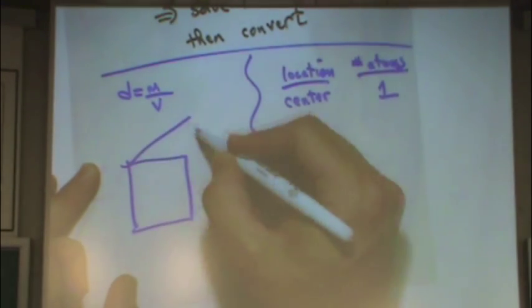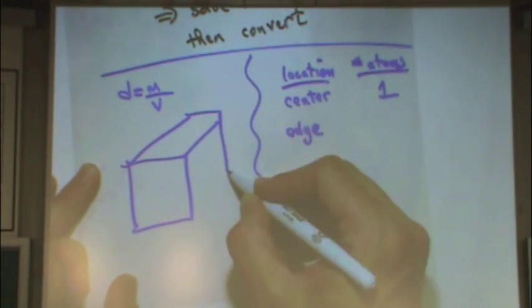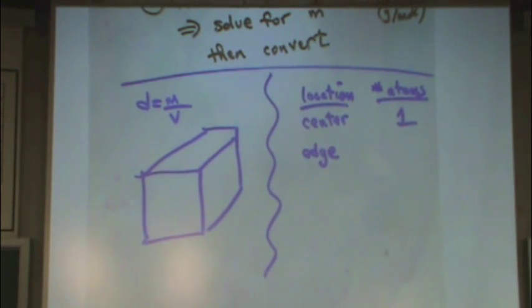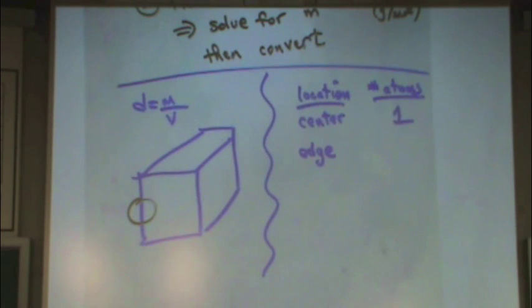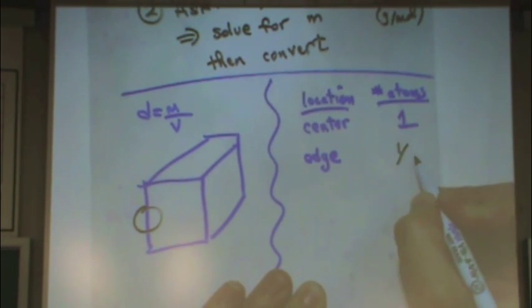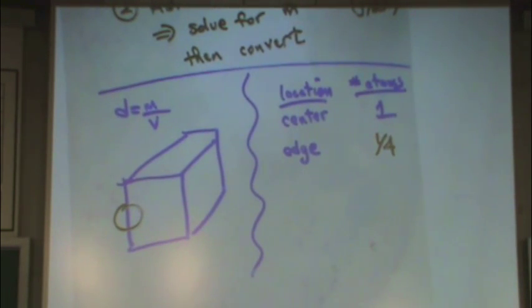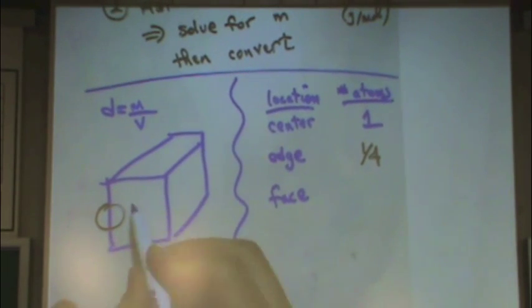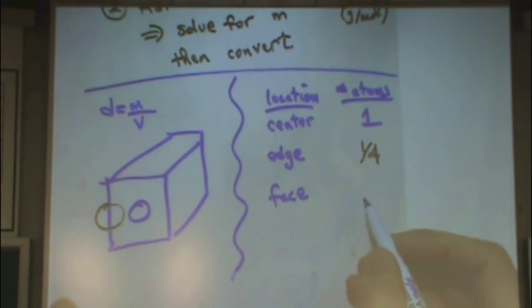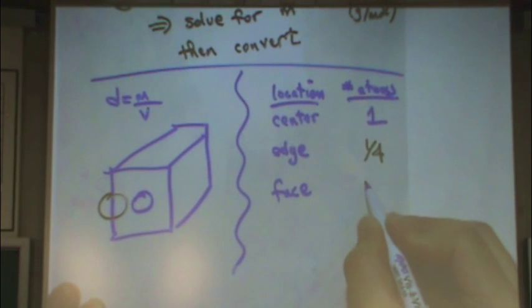On the edge, just in case you don't know what an edge is, you find something right there. How many atoms are in the unit cell? 1/4. If you find something on the face, the face is right here, the middle, how many atoms are in the unit cell? 1/2.